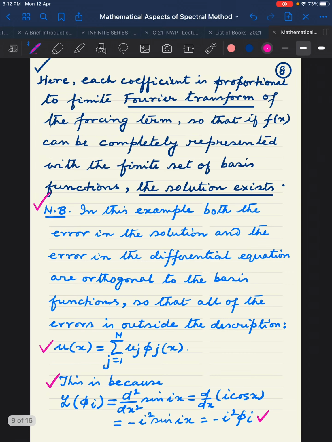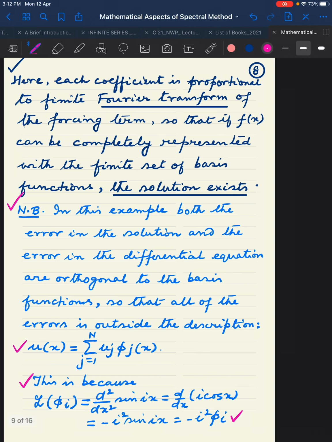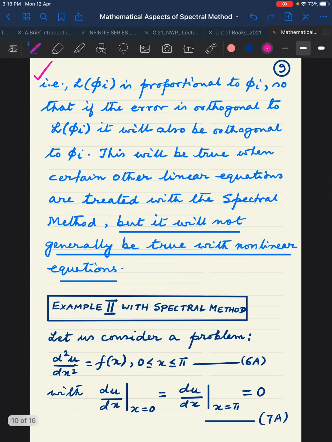Look at the last equation of page 8 and you see L phi_i is equal to minus i squared phi_i. That means L phi_i is proportional to phi_i. So what does it indicate?